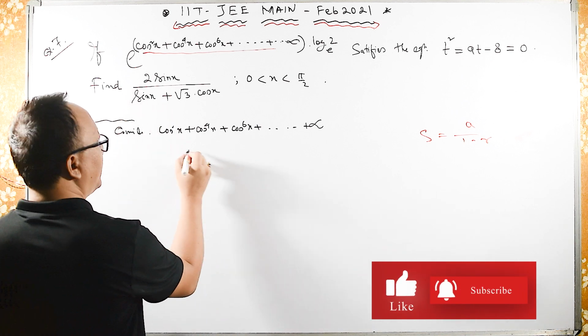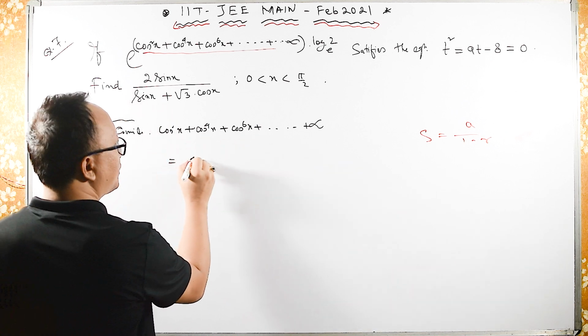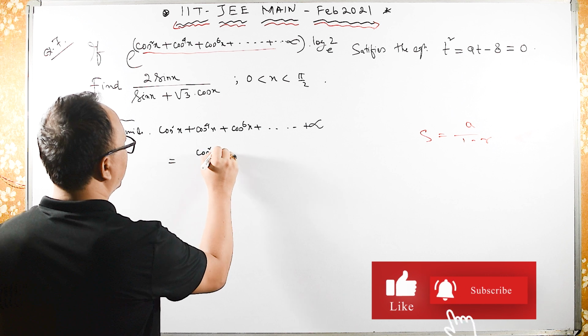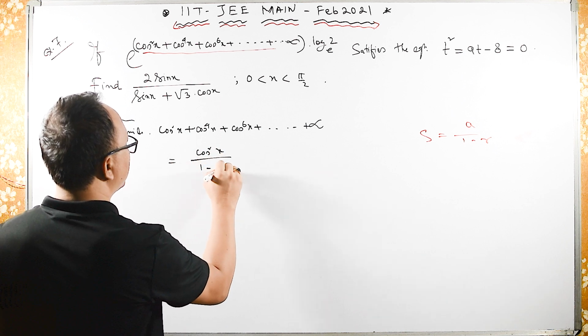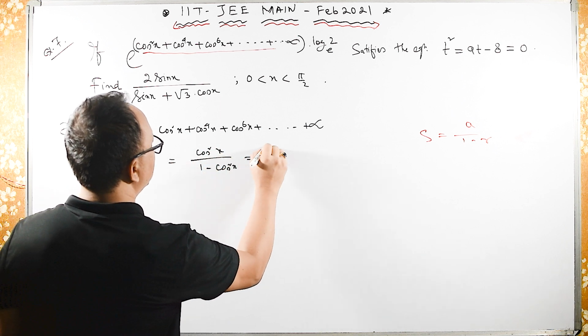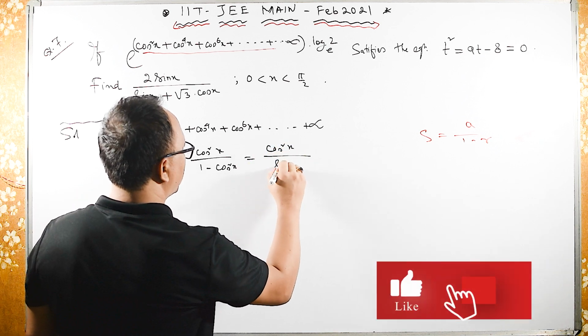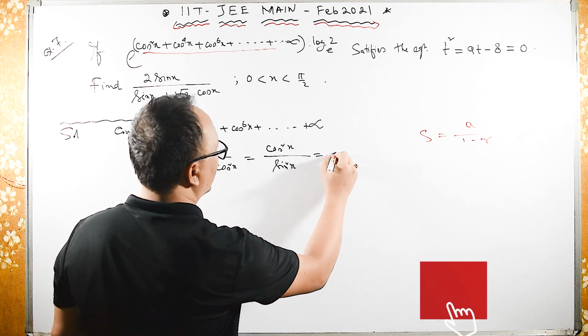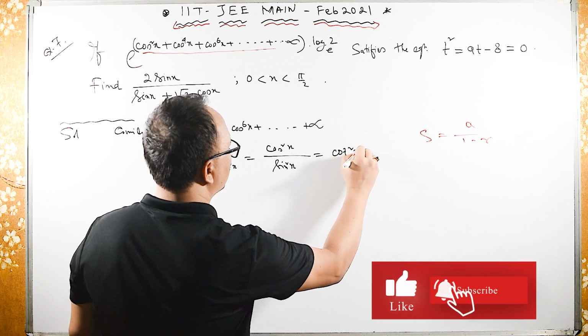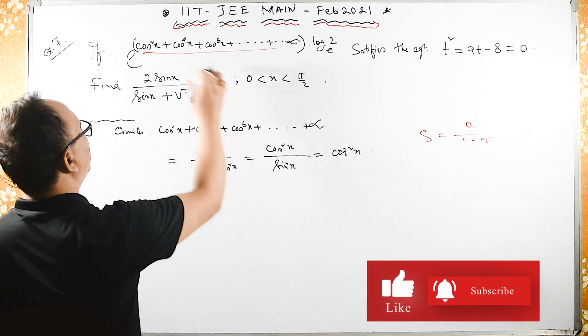So this sum is equal to cos square x upon 1 minus cos square x, and 1 minus cos square x is sin square x. This is cot square x. Now let's substitute this over here.